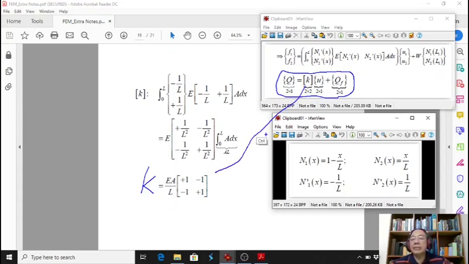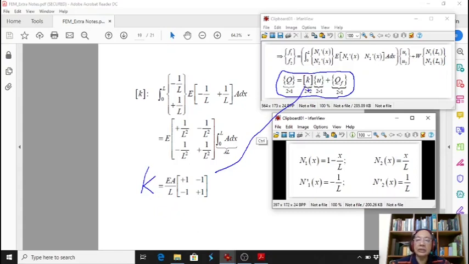For other applications, for example beam, plane stress, or any 2D problem with a different element, for example triangular element or quadrilateral element, we can find K also by using the virtual displacement method.